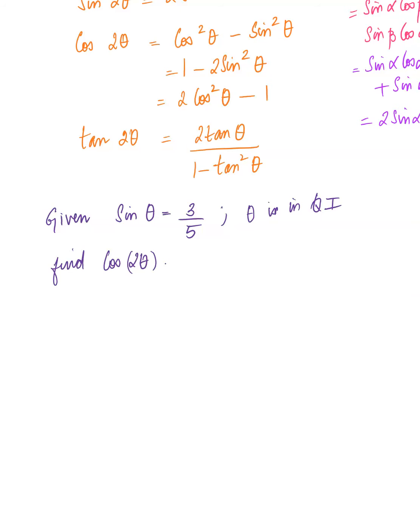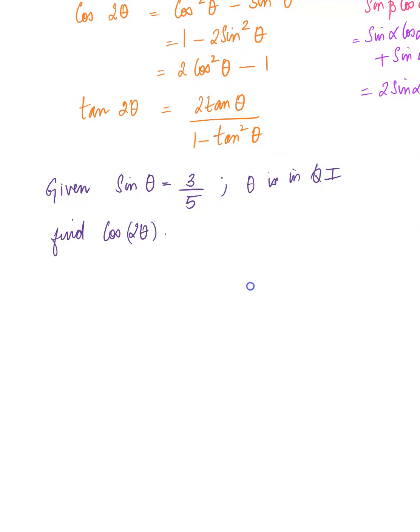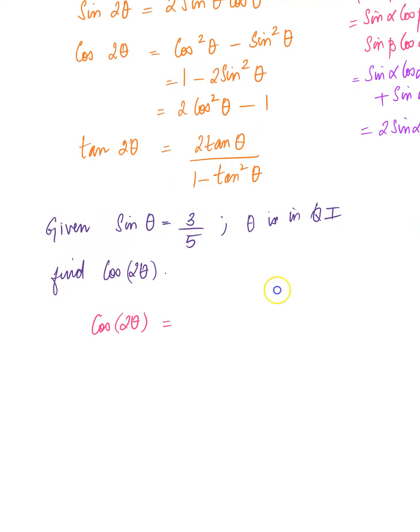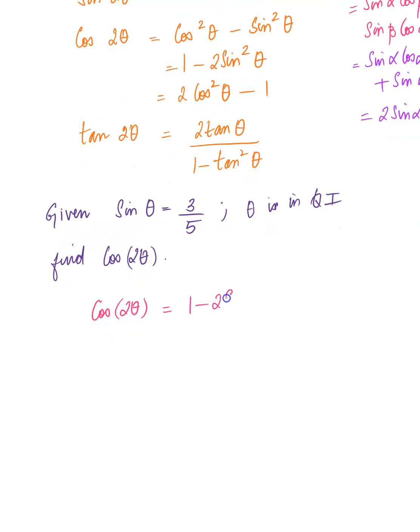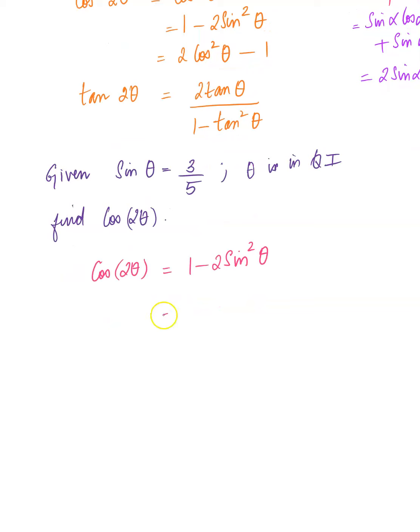Well, we could rather use the one that has the sine in it, right? 1 minus 2 sine squared theta. So I could do all that, or I could simply use the identity related to the sine. So that's 1 minus 2 sine squared theta. That will be 1 minus 2.